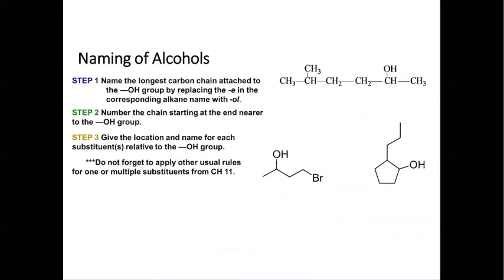We're going to number the chain starting from the end that is closest, okay, to the carbon that has the OH, and make sure that you don't forget, oh, instead of chapter 11, this is going to be chapter 4 for you guys. Don't forget the rules for the substituents that we learned specifically in chapter 4.